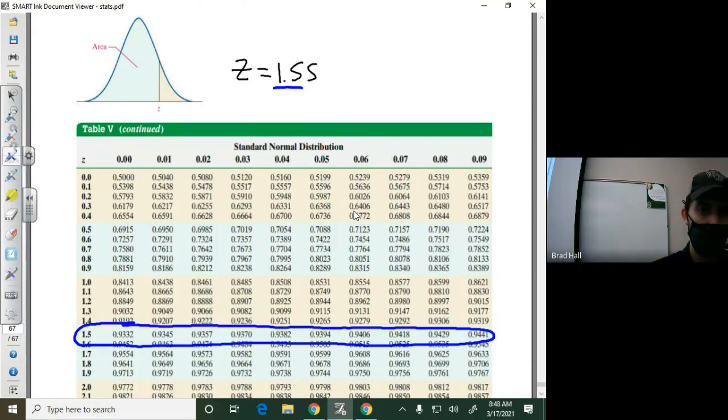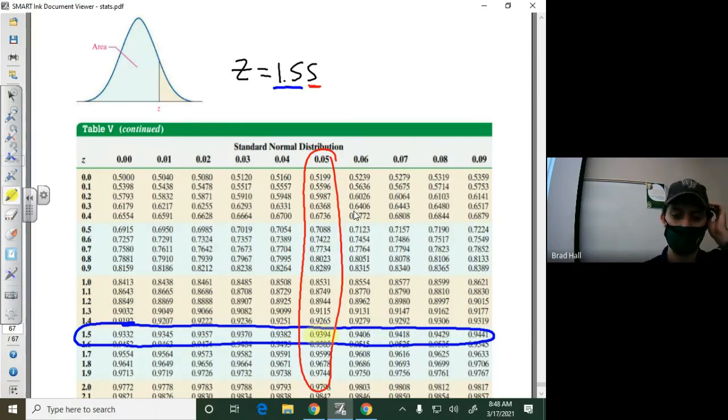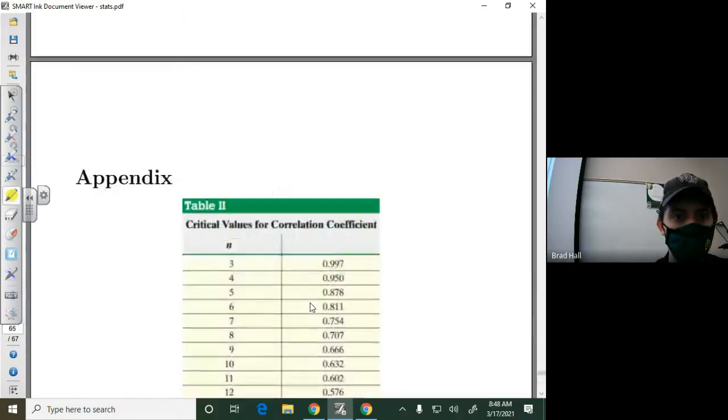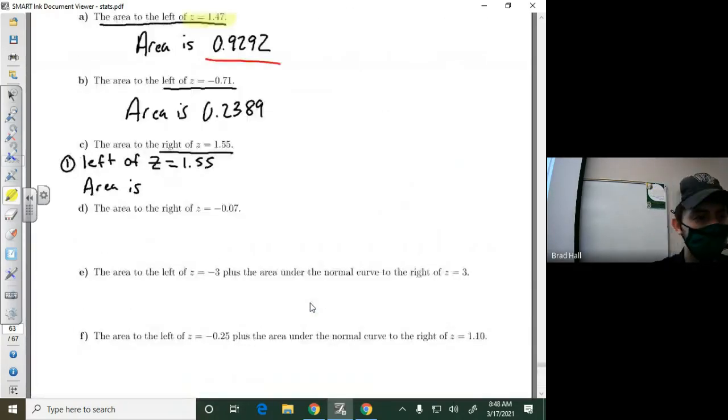Simple enough. Okay, and next digit is a 5 in the hundredths place, which tells us we look at this column. And we get 0.9394. Okay, cool. That's our area. Simple enough for the left, 0.9394. So that is to the left of the curve.